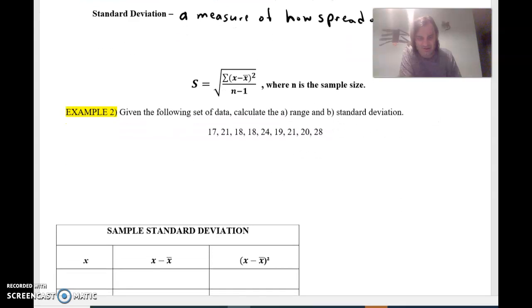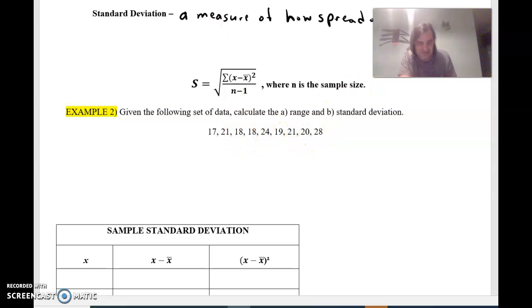And I have the formula here for a standard deviation, and it's a little doozy, but we're going to talk about it and actually work through it in the table below here. So we're going to calculate the range and the standard deviation, and we're going to use the table for that. But we have the numbers 17, 21, 18, 18, 24, 19, 21, 20, 28.